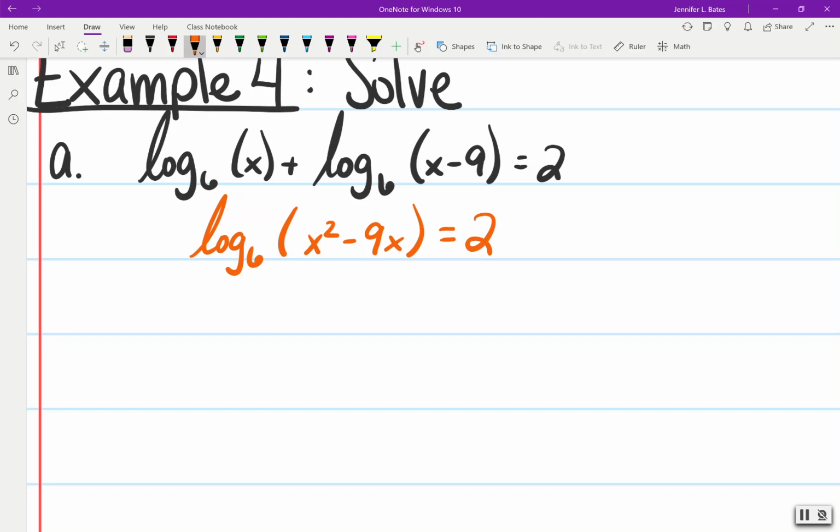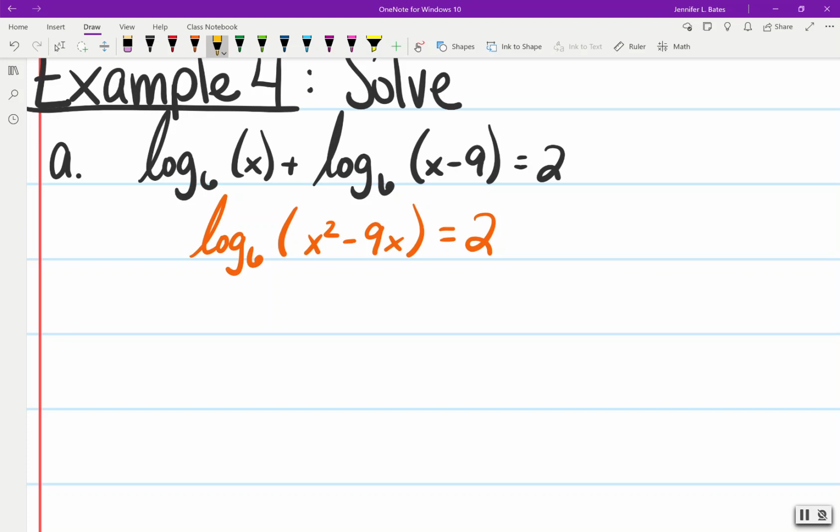Now the directions say to solve, so I'm trying to get x by itself, but right now both of my x's are trapped inside the log. The way we are going to untrap them and get them out of the log is by changing to exponential form.